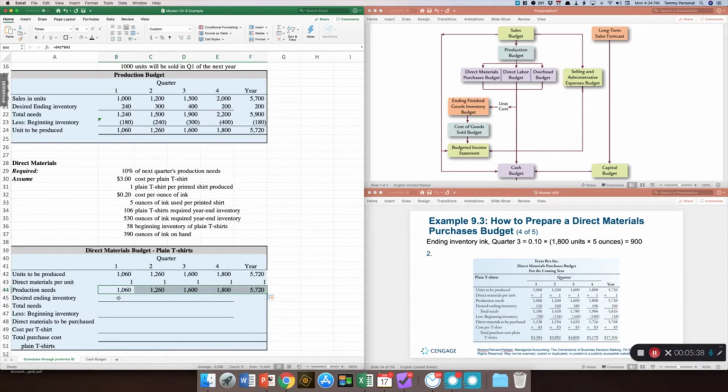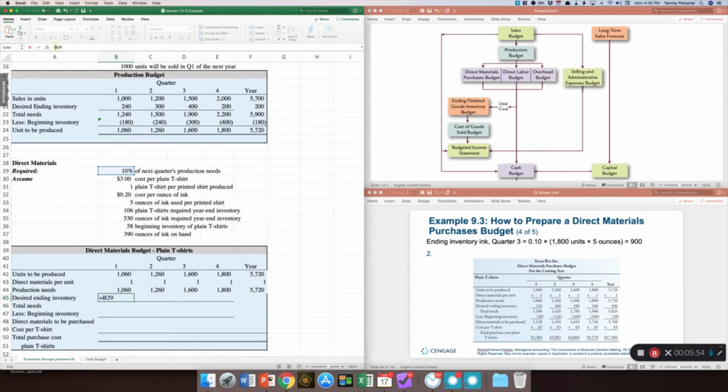Okay. Our ending inventory needs to be 10% of next quarter's production needs, right? So that's going to be 10%.